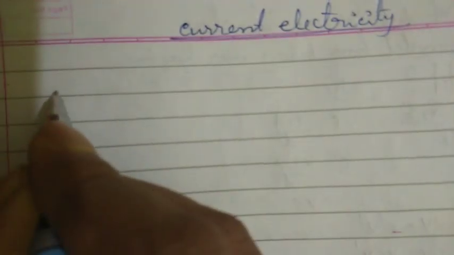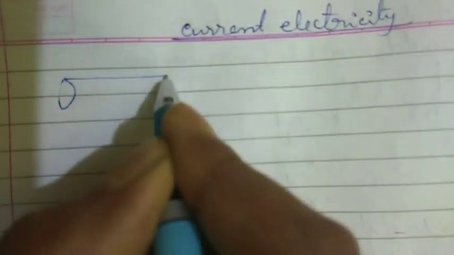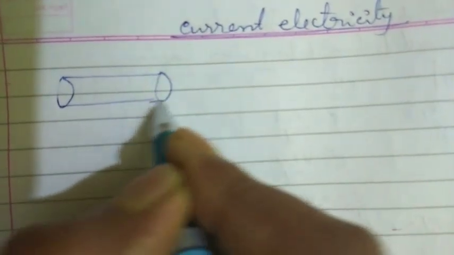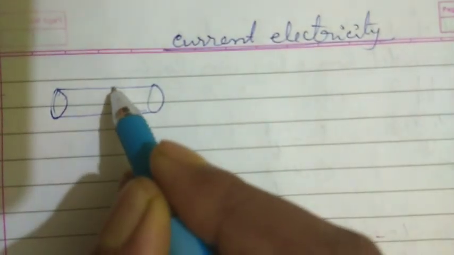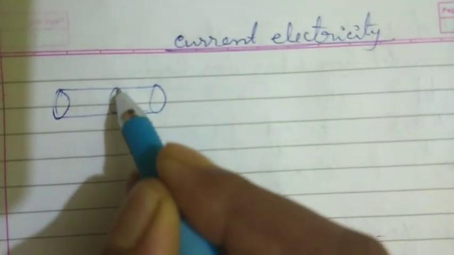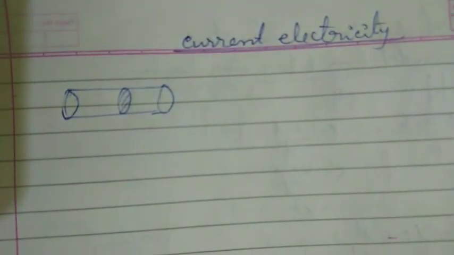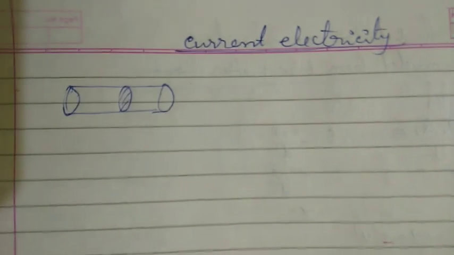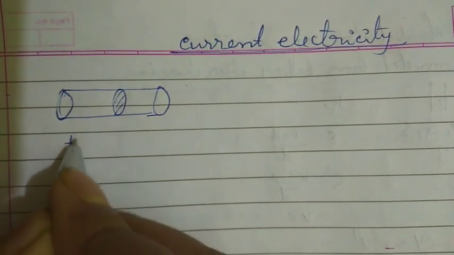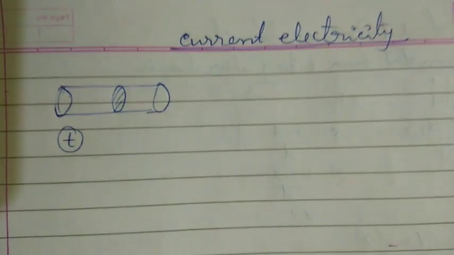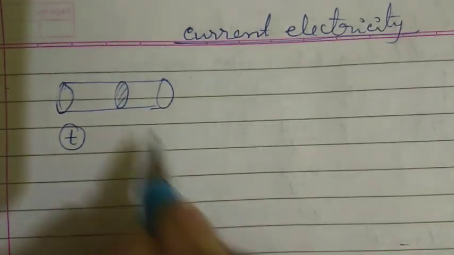So, how do you measure it? For that, just consider any conductor. Okay, so this is some conductor. Consider any area of cross section. So, this is the area of cross section. Suppose after every time interval t, there is a net flow of charges, say in this direction.